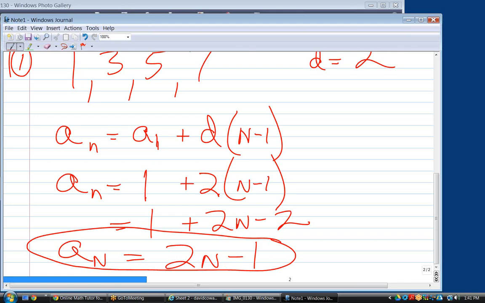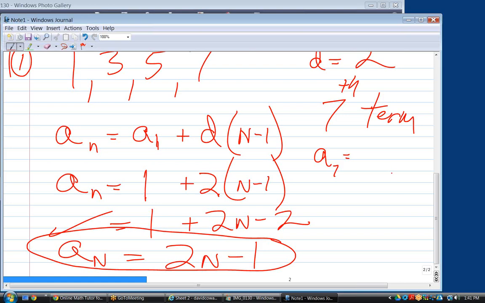What would the seventh term of this sequence be? In other words, what would a sub 7 be? Let me figure it out. Look at the thing I have circled. That's the only thing you need.